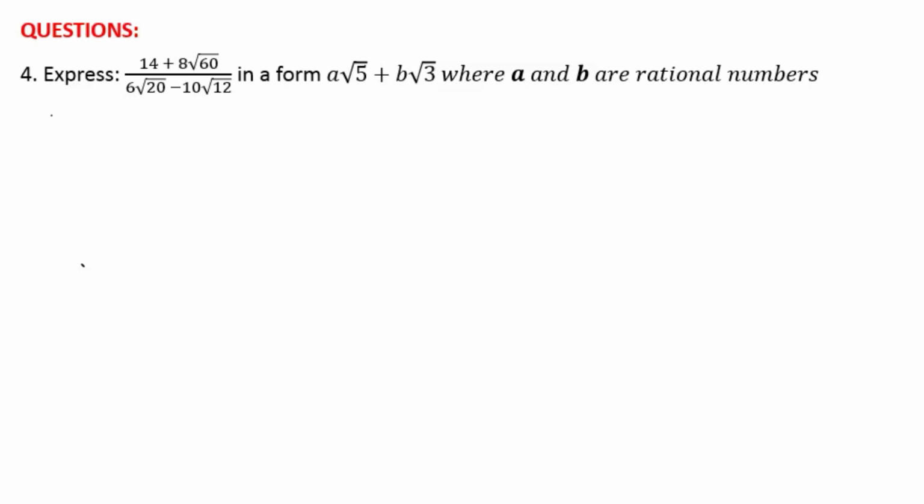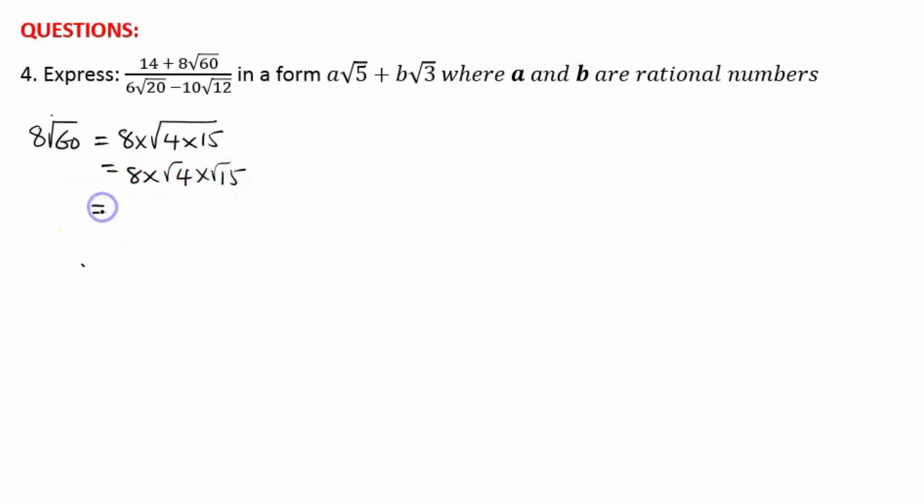All right, so just like what we used to do, we first of all try to convert them to their basic forms. So very quickly, I can see 8 root 60. Of course, 8 root 60 is going to give us 8 times square root of 4 multiplied by square root of 15.